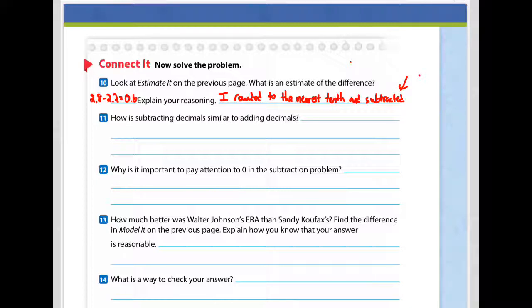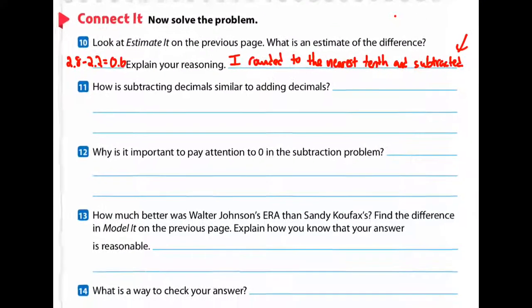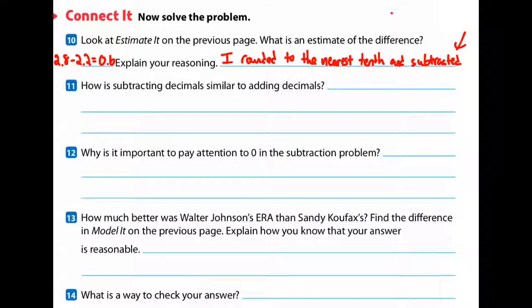All right, number 11 says, how is subtracting decimals similar to adding decimals? You can have a lot of different things in here, so you don't need to have exactly what I had. But when I think of how they're similar, I would say one way they are similar is that you must line up your decimal points.